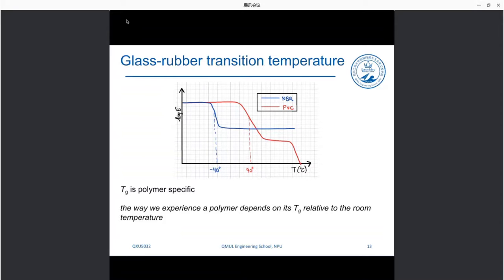And we said already that the glass transition is a feature of the amorphous fraction. And then next to NBR, we have polyvinyl chloride, which is a semi-crystalline thermoplastic, which displays both a glass transition temperature and a melting temperature as well, okay? This is a melting temperature here. It's not important for now.